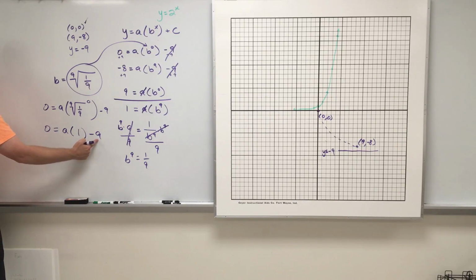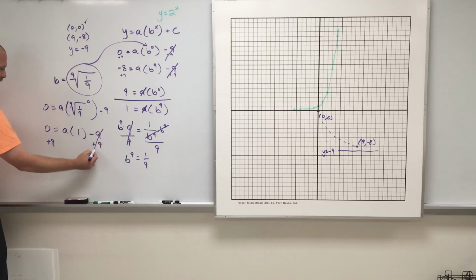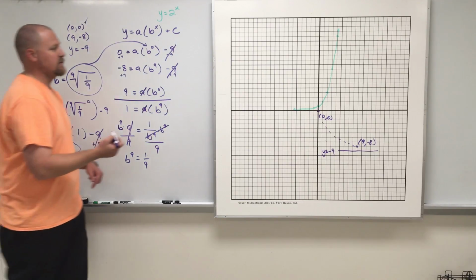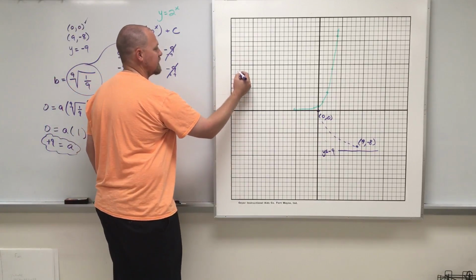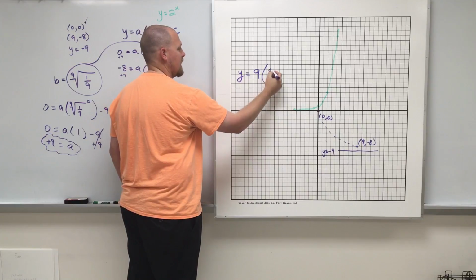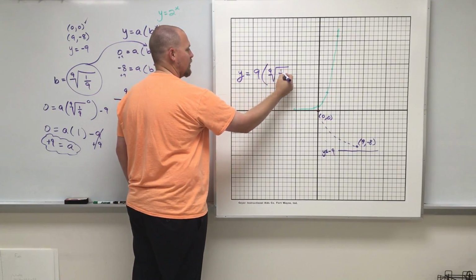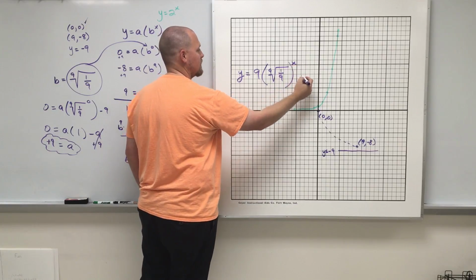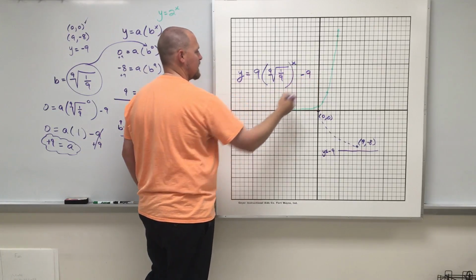And then I can take this 9, add it to both sides, and then a times 1 is just a. So a equals 9. And now I have my equation: y equals 9 times the 9th root of 1 over 9, to the x power, minus 9.